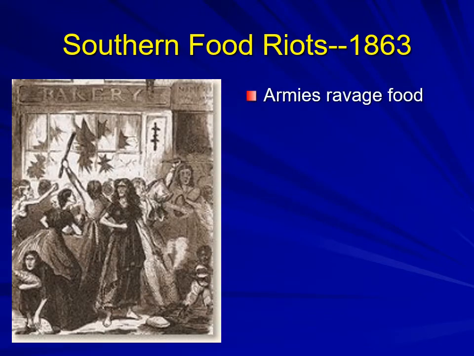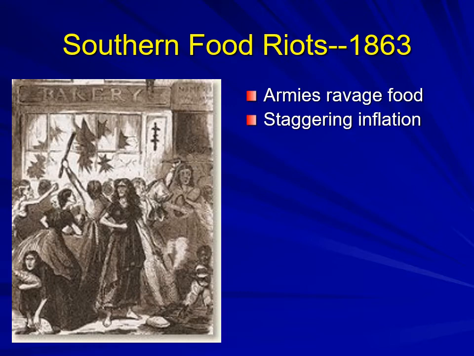Another key event in 1863, in the spring of 1863, demonstrates this erosion of solidarities, as well as the poor leadership of Davis. So we can really pull together some threads here in the Southern food riots, or as they're also described, the Southern bread riots of March and April of 1863. Food was scarce because so much had been diverted to armies. Whatever foodstuffs were produced in a southern economy that's still increasingly focused on cotton, diverted to armies.